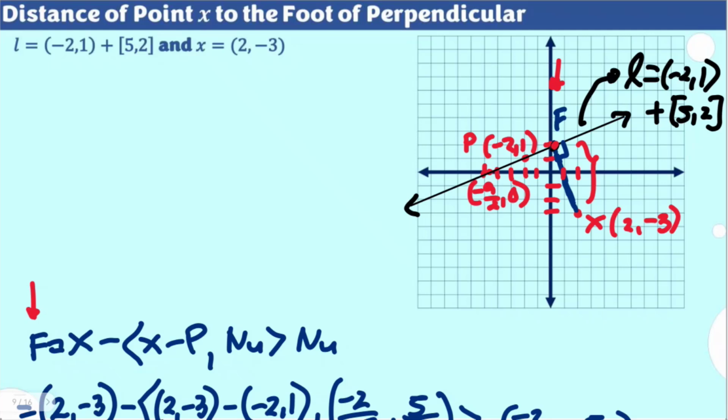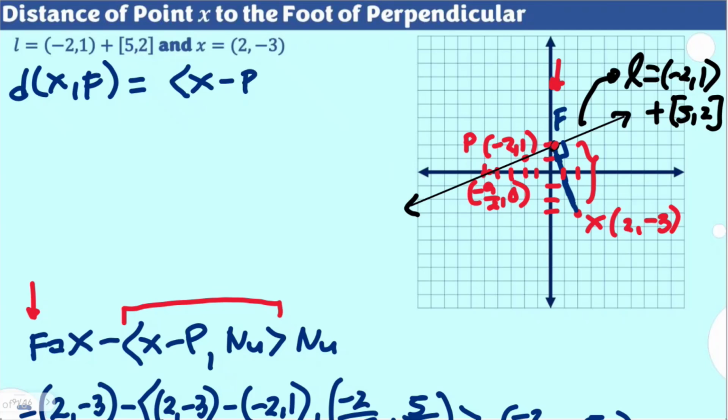Take use of this portion here. This is actually the distance of x to f, where x is the point not on the line and f is the point on the line, specifically the foot of the perpendicular. So we take the inner product of x minus p and the normal unit vector, or unit normal vector.